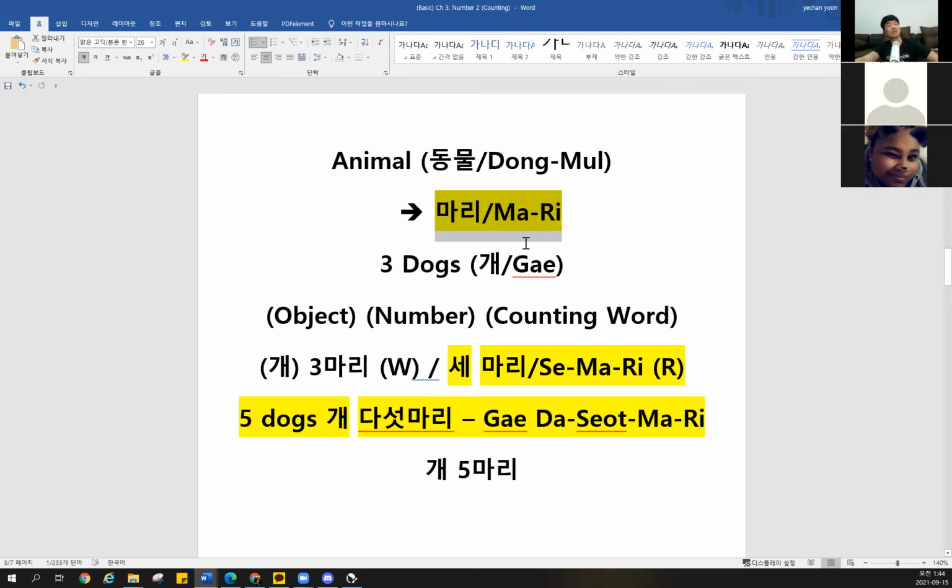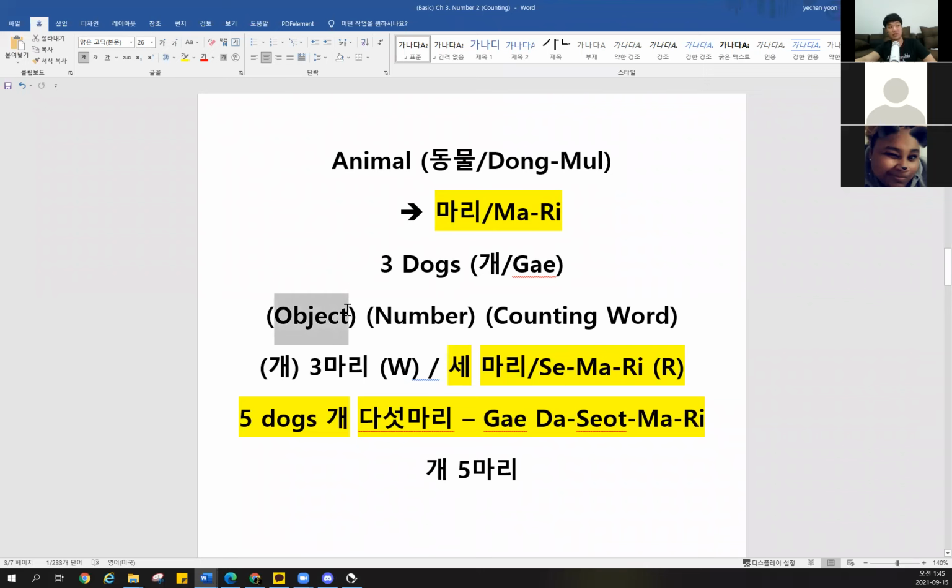Okay, so let's say you want to say three dogs. Dog you can say 개, okay? Then the format for counting it, three version, yeah, something like that, exactly. So the object comes first.